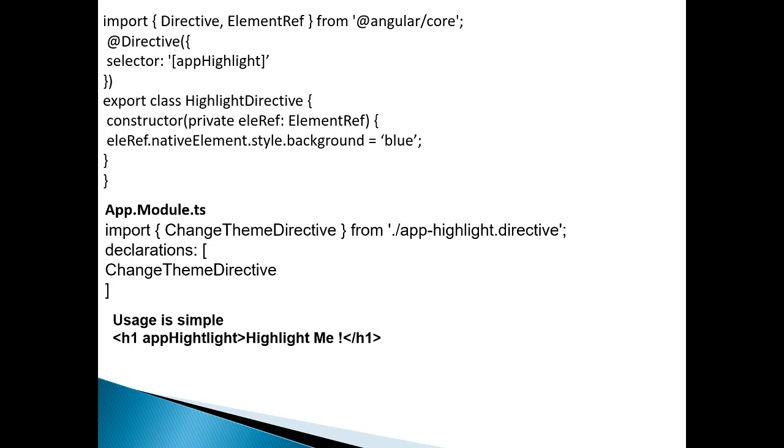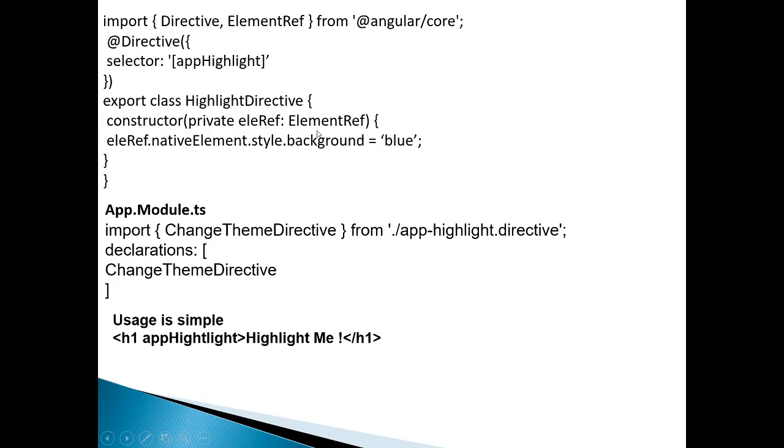You can use this ElementRef to manipulate that DOM. So we need to import ElementRef from Angular core along with Directive. Directive will already be imported when you create this directive through the script, and we are giving the name AppHighlighter.